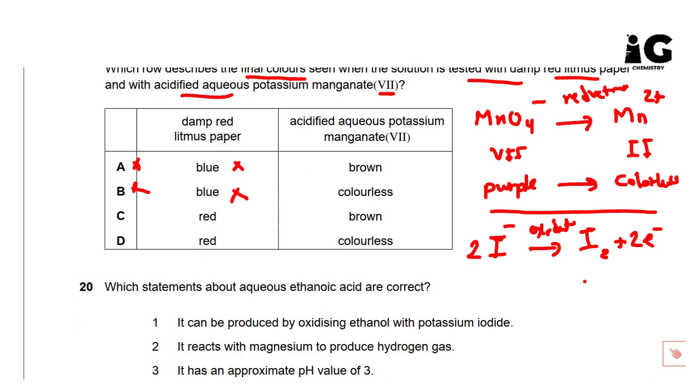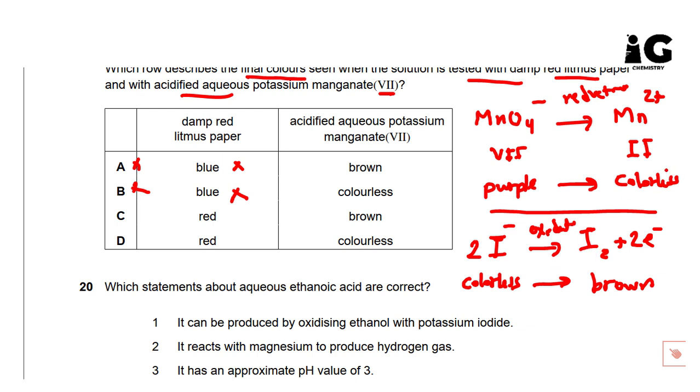And for the color of iodine in this oxidation, iodide here acts as a reducing agent. So the color here for iodide is colorless. And iodine, its color is red-brown, and because of that you could say here brown. Okay, this is iodine. So here we have actually, guys, the final color.